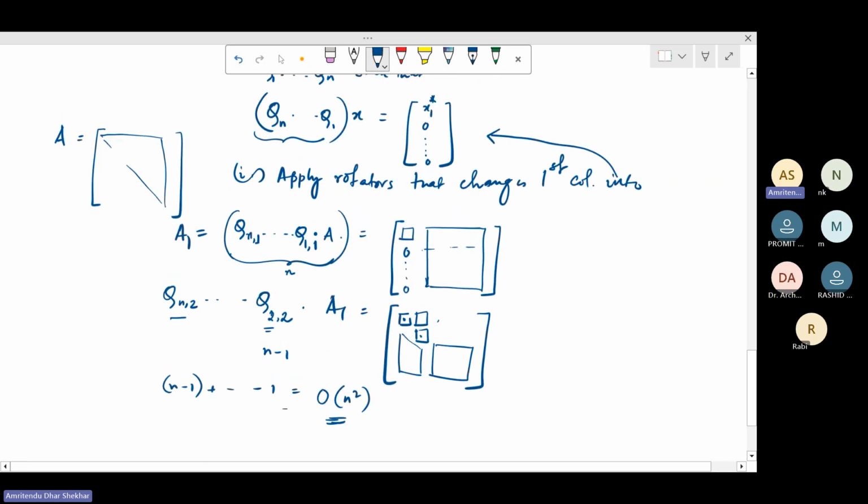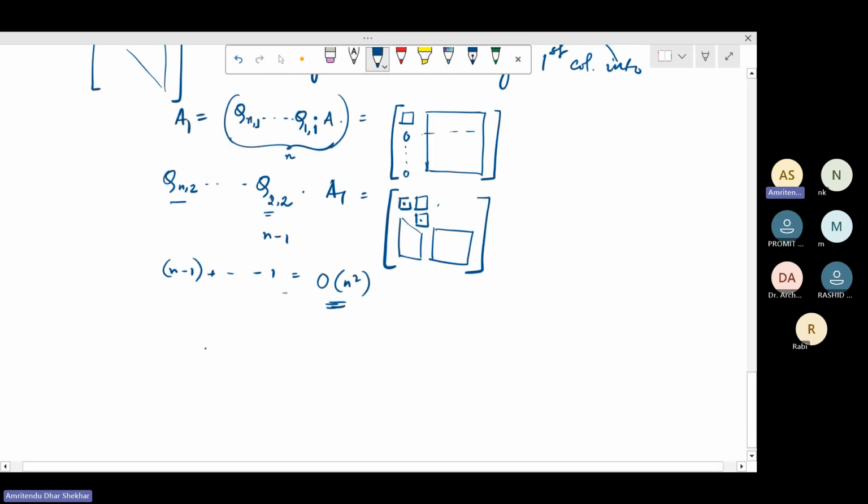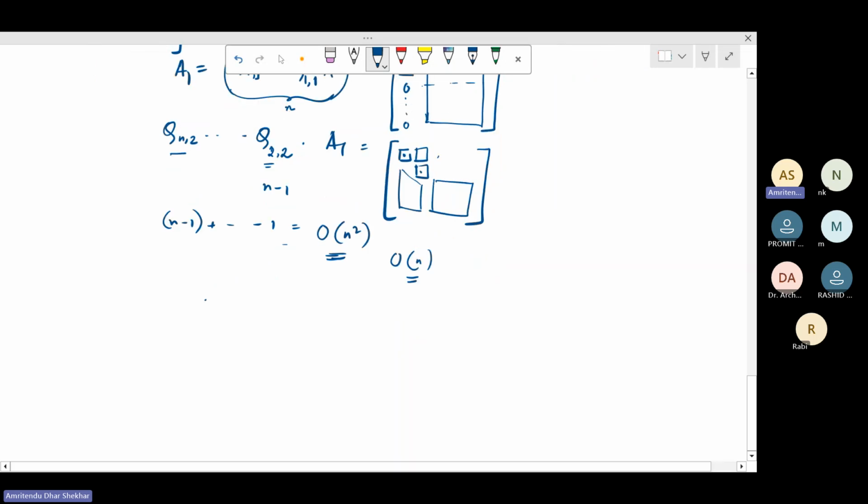But every time you multiply the matrix, this again takes O of n flops to multiply. O of n is not an exact number; there is an exact computation, which I'm not going to write. But the total complexity is O of n to do a multiplication, and the total number of multiplications is O of n squared, which makes the complexity O of n cubed.